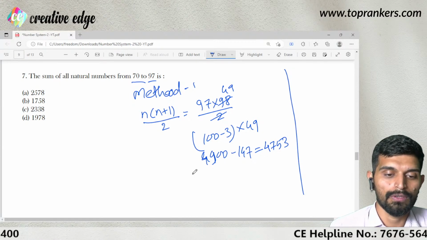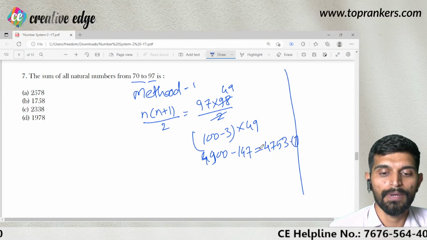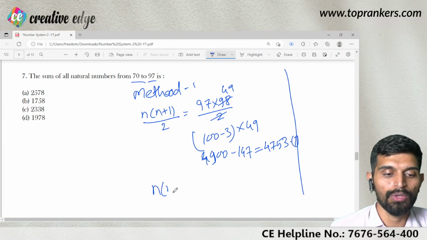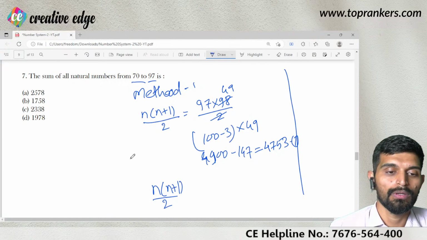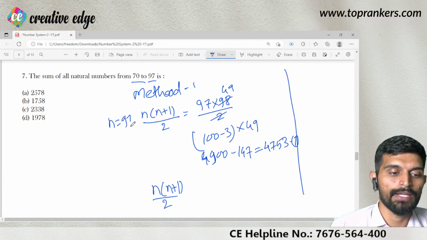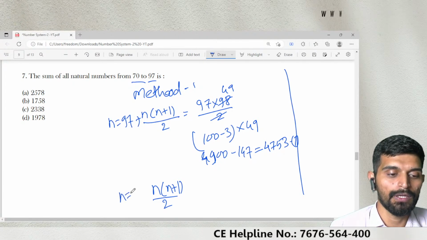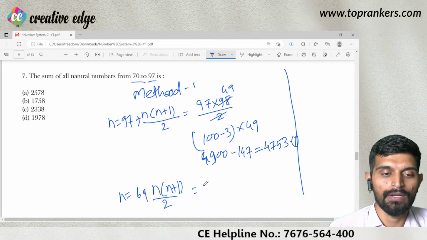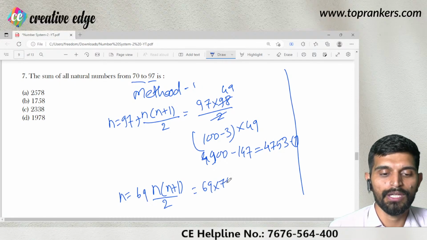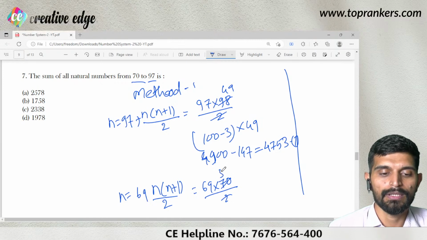Right. So now from this part, we will be subtracting n into n plus 1 by 2, that is keeping n equal to 97, keeping n equal to 69 here. So that will be 69 into 70 by 2. So that is 35.